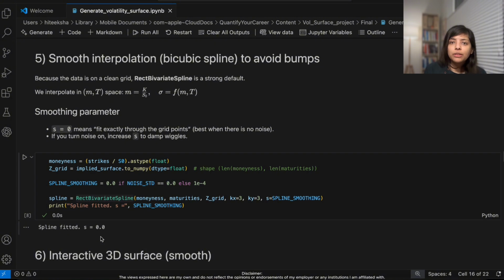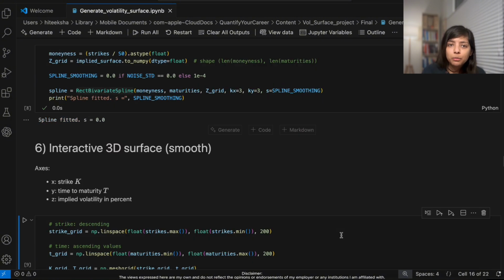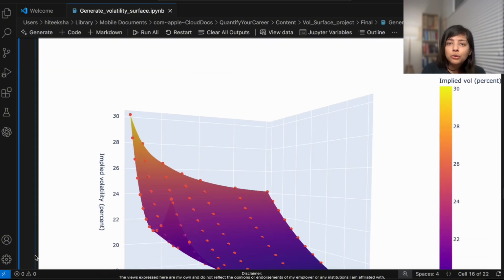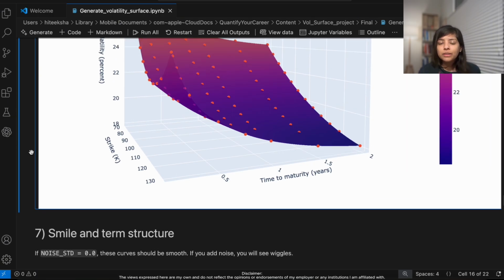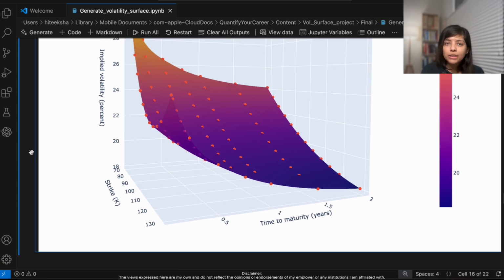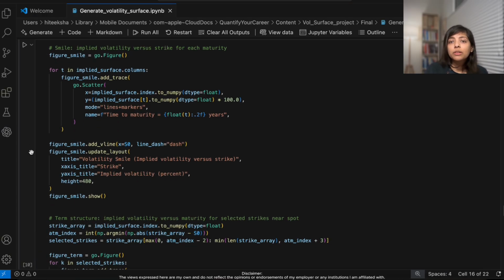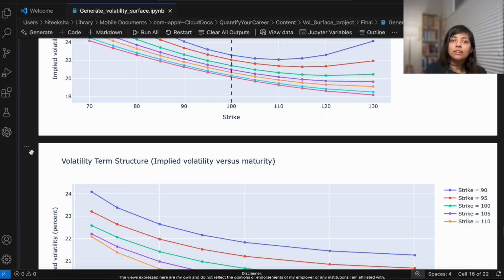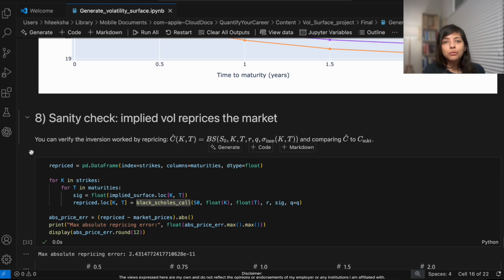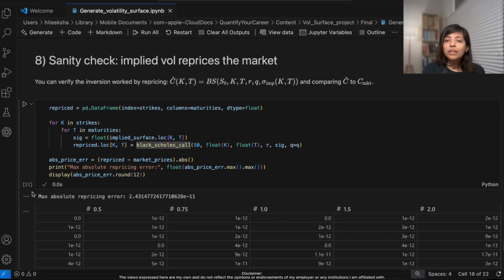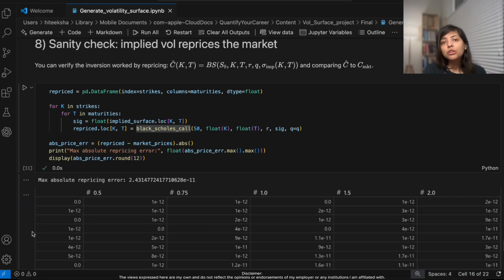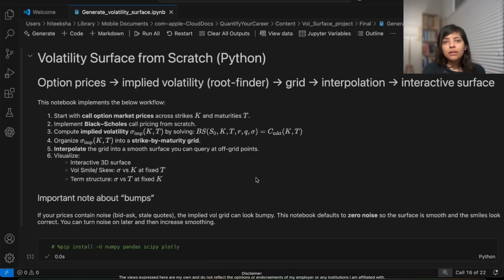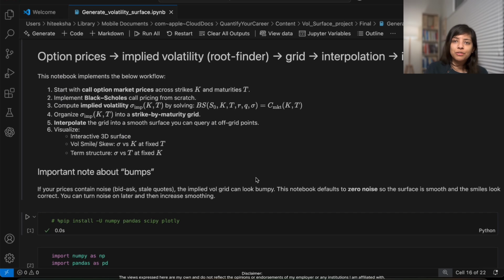Then we smoothed that grid using spline interpolation to create a continuous surface we can query anywhere. Then we visualized the resulting volatility surface in 3 dimensions and plotted its two key slices, the smile or skew and the term structure. And we validated everything by repricing the options and checking that we recover the original market prices. So that's the full volatility surface pipeline.